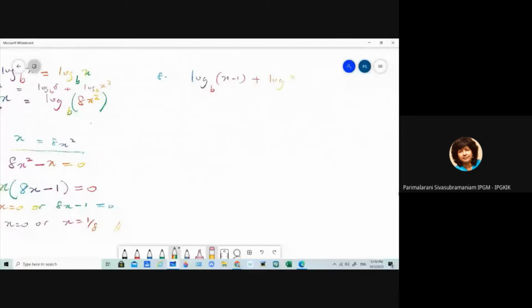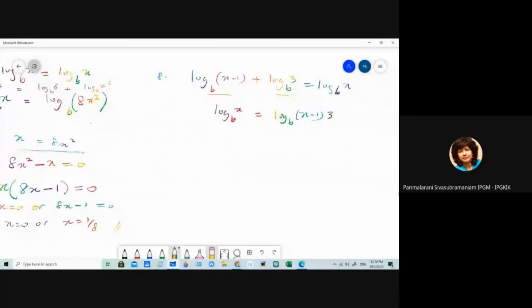Okay, same question. Almost similar question. We want to find x. So log x base b is equals to, because we have log plus log, so we can multiply it, x minus 1 multiplied by 3. Okay, so from here we know that x equals 3 times x minus 1.